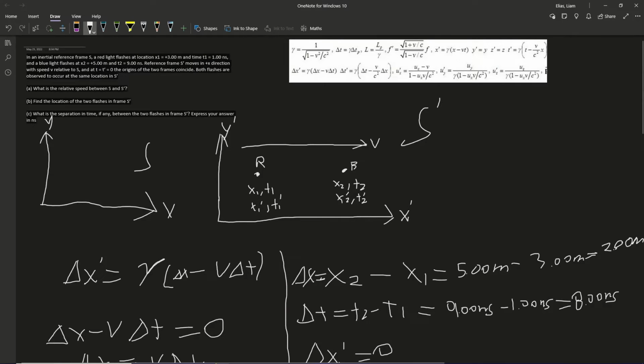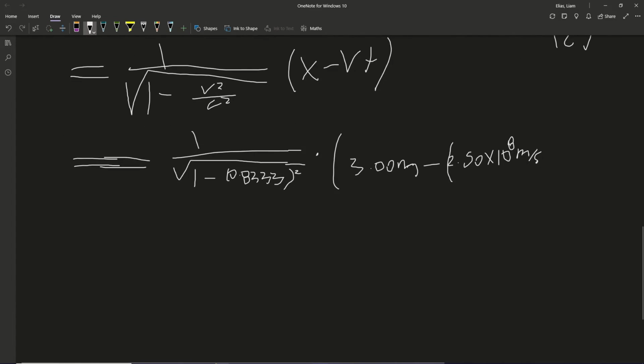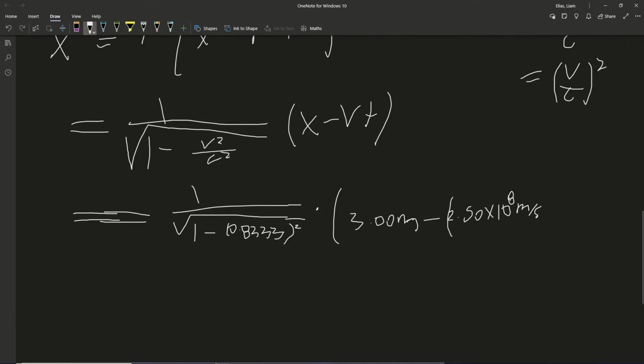Since we used x1, we have to use t1. So t1 is equal to 1.009 nanoseconds, or I'm going to convert it into seconds here because it's going to make our lives easier. So times 1.00 times 10 to the negative 9 seconds. Okay. And all of that is subtracted from 3 meters.